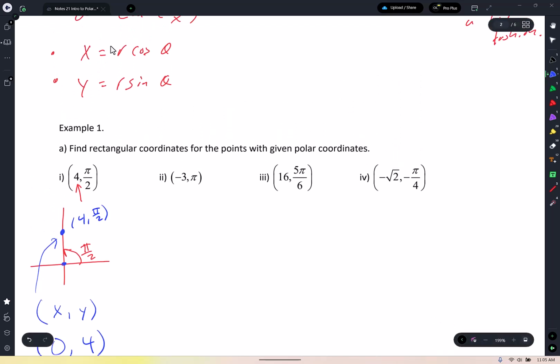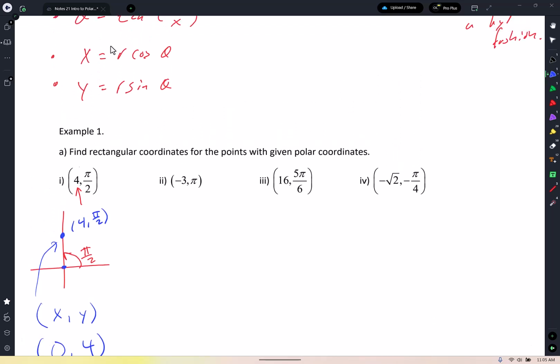Okay, if you want to use your formulas, you could have said x equals 4 times cosine of pi over 2, y equals 4 times sine of pi over 2. Well, cosine of pi over 2 is 0. 0 times 4 is 0. And sine of pi over 2 is 1. 1 times 4 is 4. Look, 0, 4. Now, don't be a robot. Remember, we derived them, right? So you guys know where it's coming from.